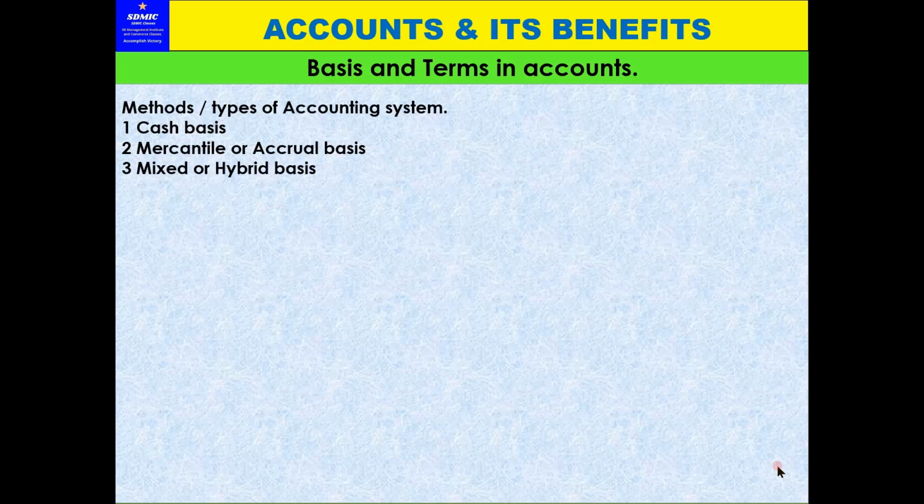Now mercantile or accrual basis. In mercantile or accrual basis, transactions are recorded when they become due for payment or receipt. For example, on the cash basis, a cash sale is recorded immediately.